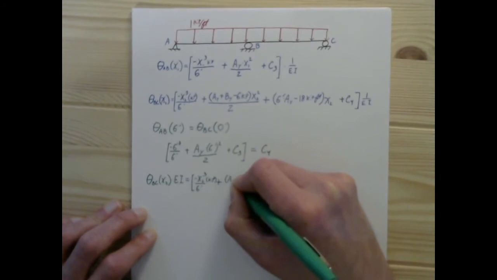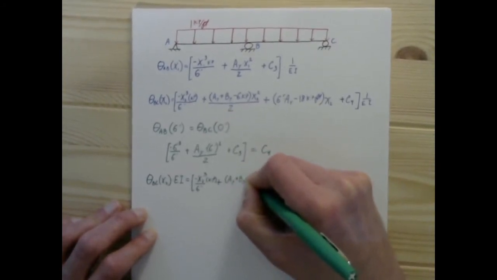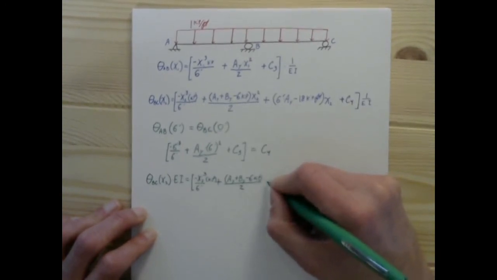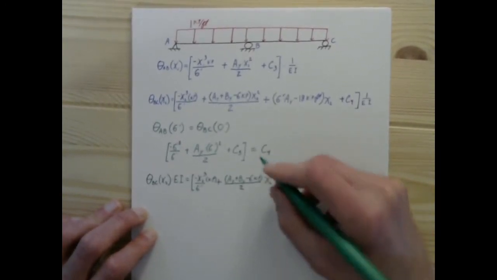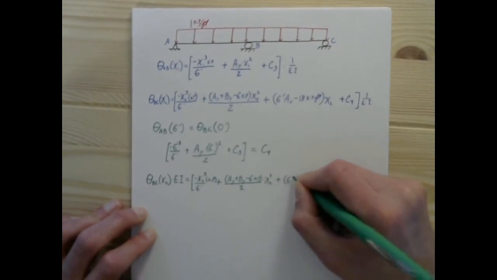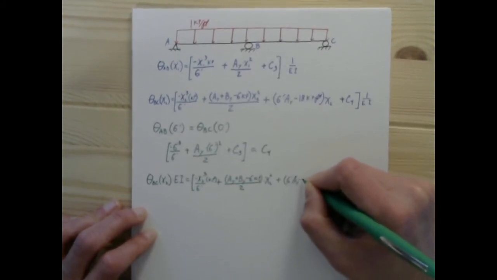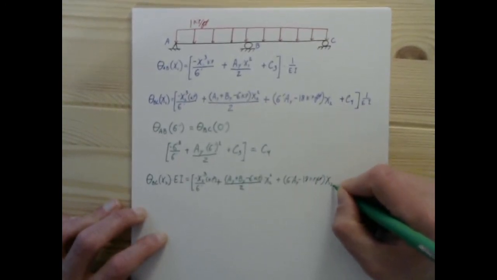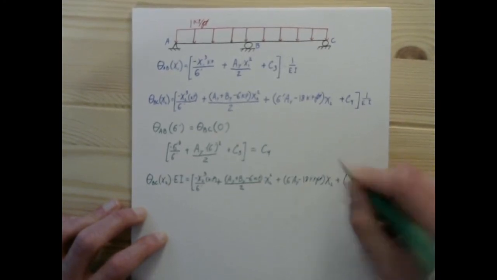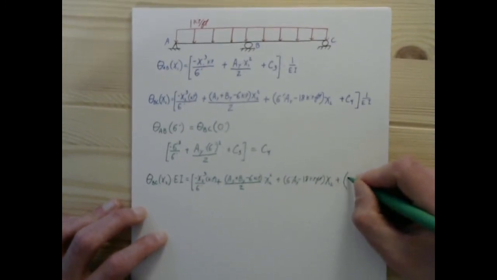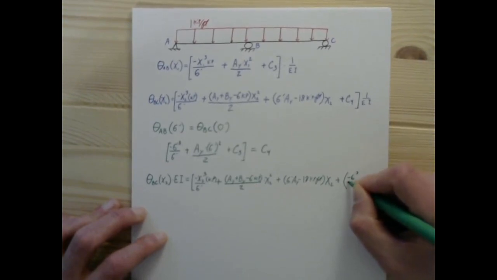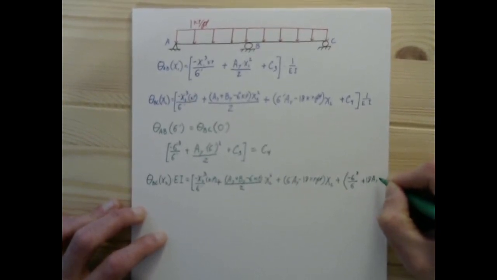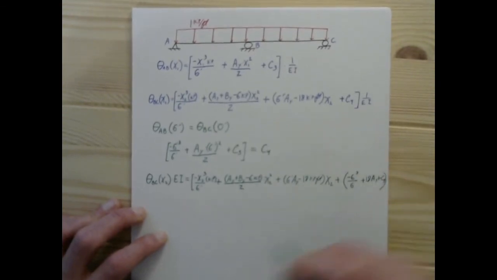Plus the reaction A in the y direction, minus 6 kips, divided by 2, x2 squared, plus 6 feet times AY minus 18 kip feet, times x2, plus this term right here, which is going to be negative 6 cubed over 6 plus 18 AY plus C3. Made it. Made it in one line.